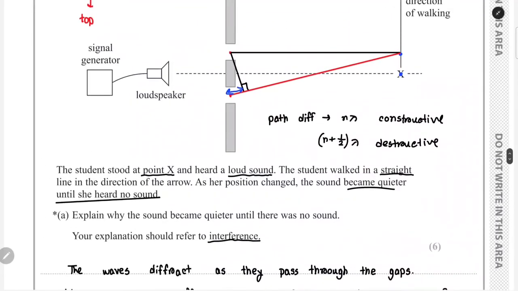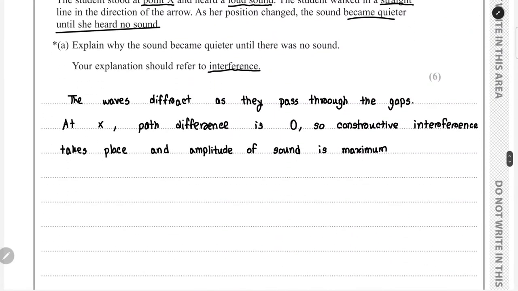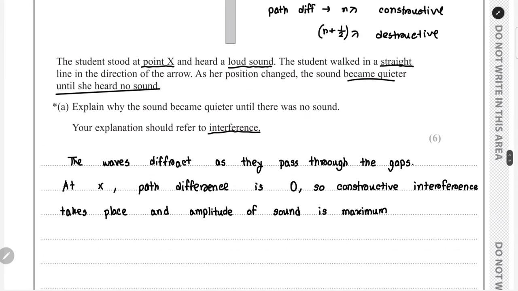So as we move away from X, the path difference increases from 0, and as we go on, there is a point where there was no sound. When there's no sound, it's when the path difference is n plus half lambda, so destructive interference occurs and the amplitude of sound is minimum or almost zero.